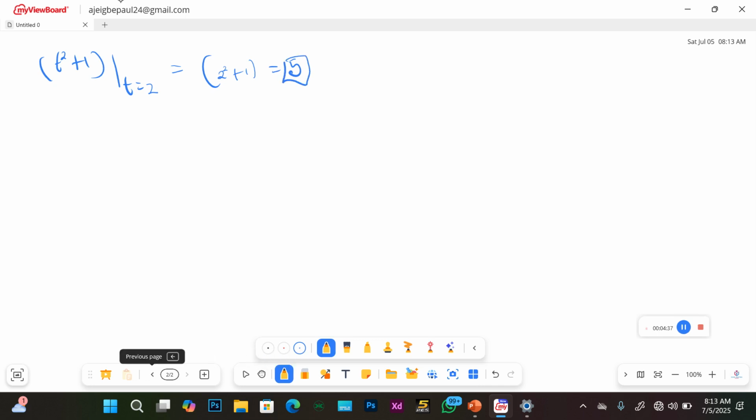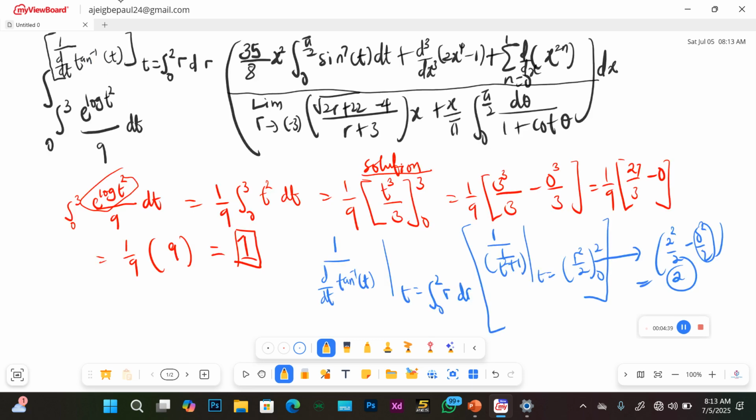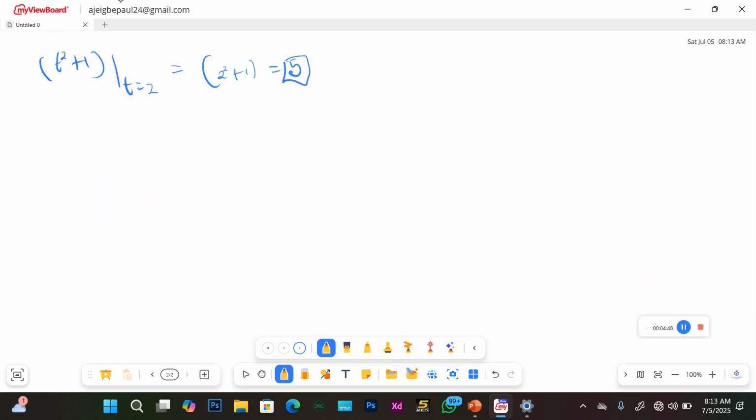All right, since we already have this upper limit, the next thing we are going to solve is this integral right here, which is the integral from 0 to pi over 2 of sine raised to the power of 7t dt.